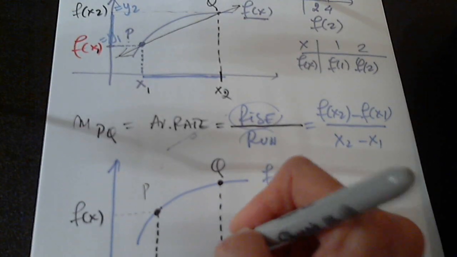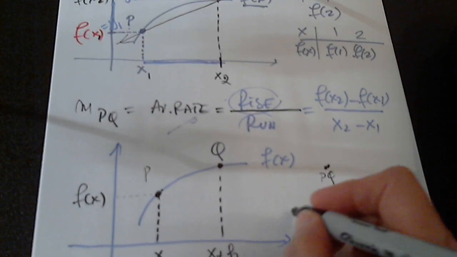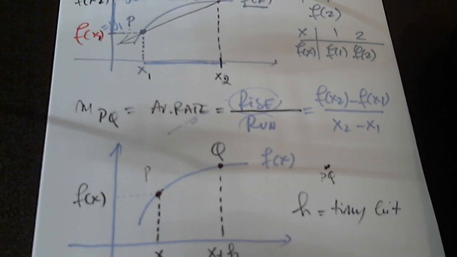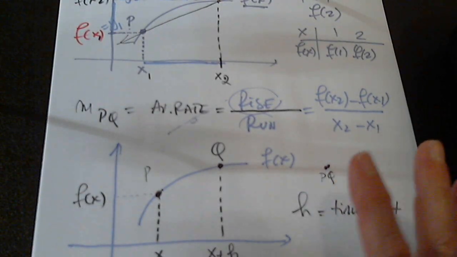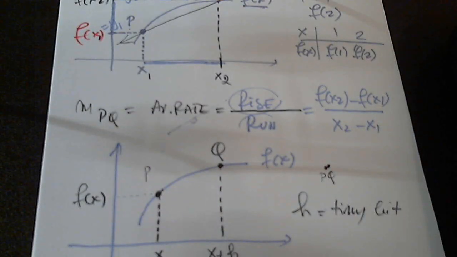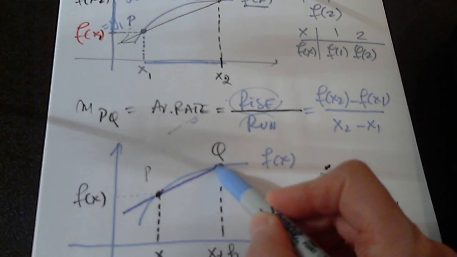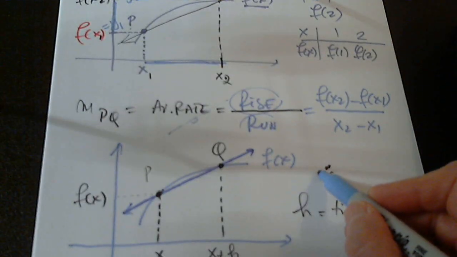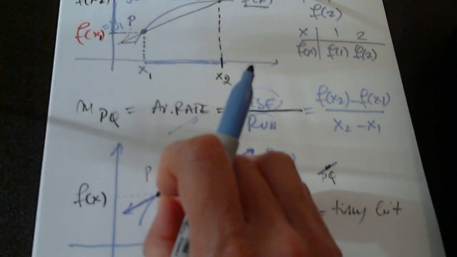But I will make sure that you understand that this is x plus a little bit, h, tiny bit, because they are very, very close to each other. But I'm zooming in. So now I want to determine the slope of this line, which is really the slope of this line, because they are very close.